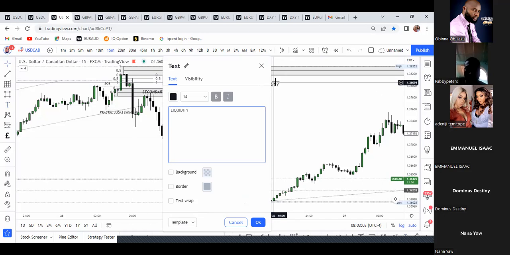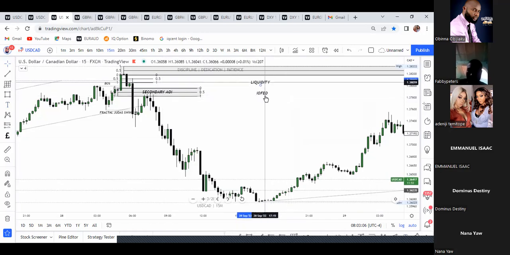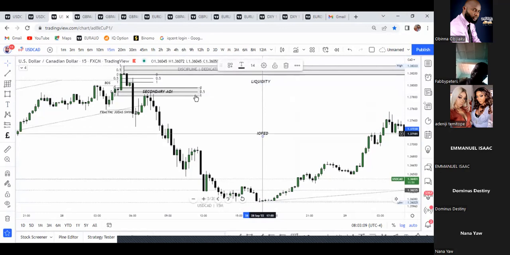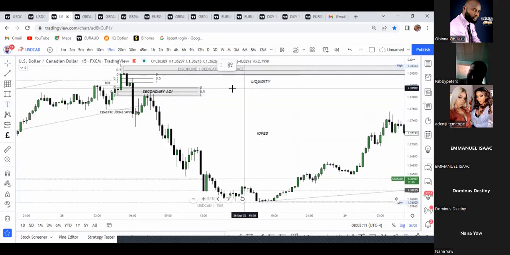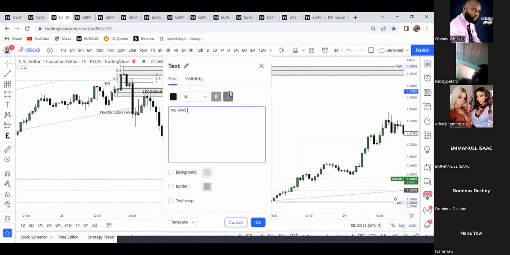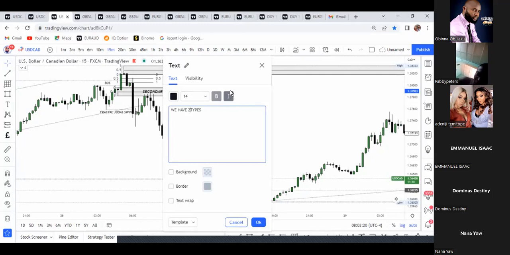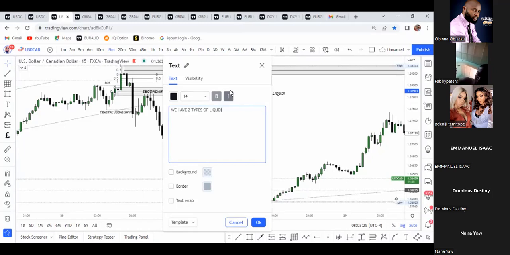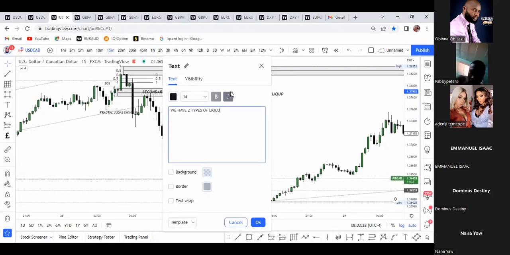Now we have two types of liquidity. Number one is internal range liquidity. This is the widest of all liquidity.